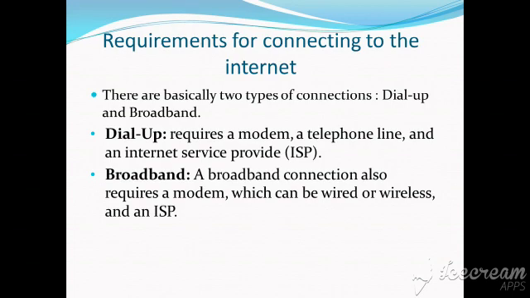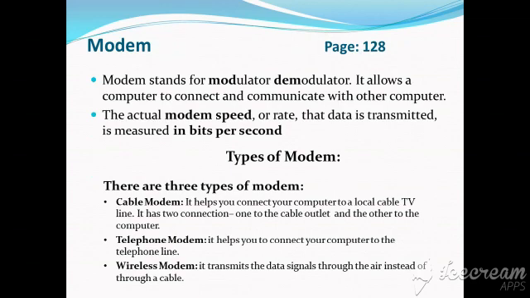But in dial-up connection we require a modem, a telephone line, and an internet service provider. And in broadband we also need a modem, which can be wired or wireless, and an ISP. What is the ISP? ISP is the internet service provider. These are the companies that are providing us internet services. Modem stands for modulator or demodulator.